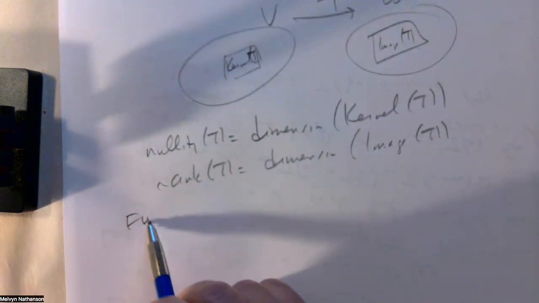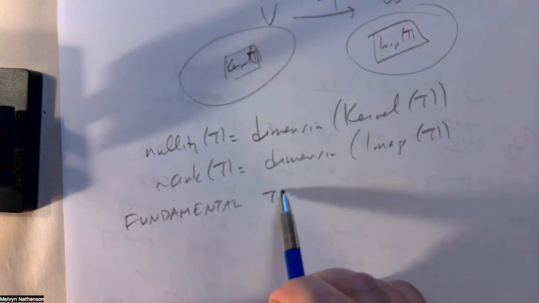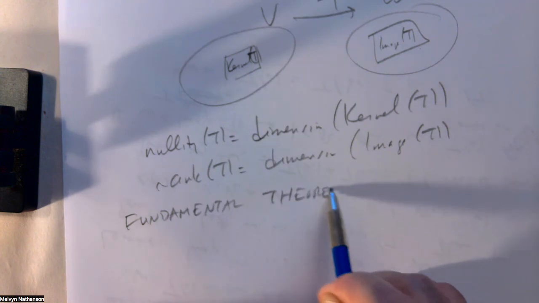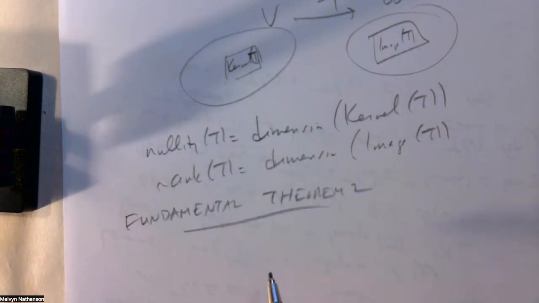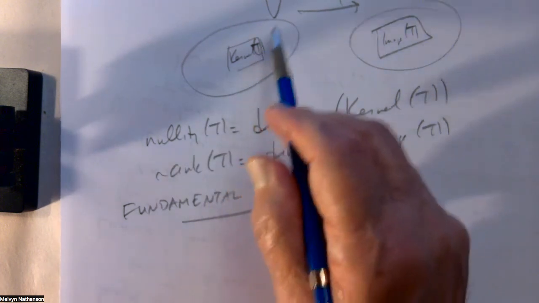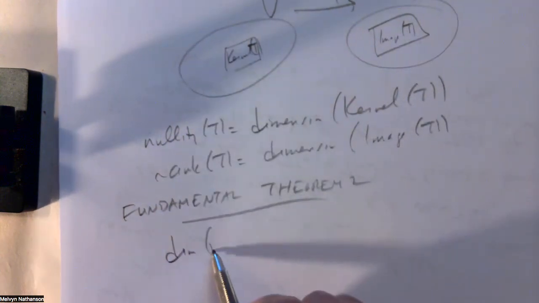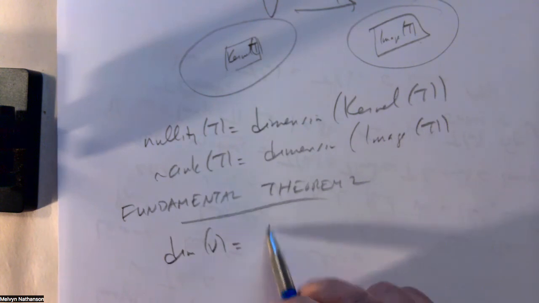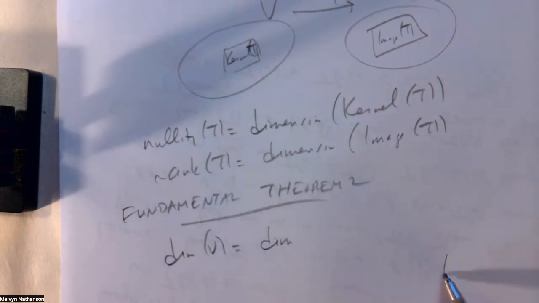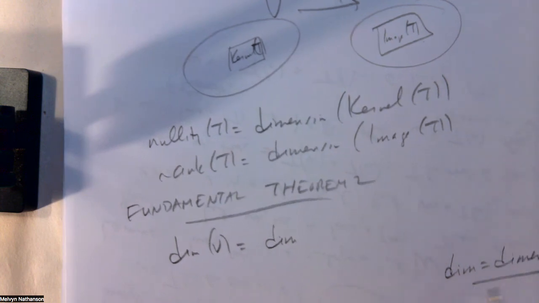And the second fundamental theorem in linear algebra for us, the first fundamental theorem says that every vector space and every subspace has a well-defined dimension. This theorem says that the dimension of the original space V is equal to the sum, dim stands for dimension.